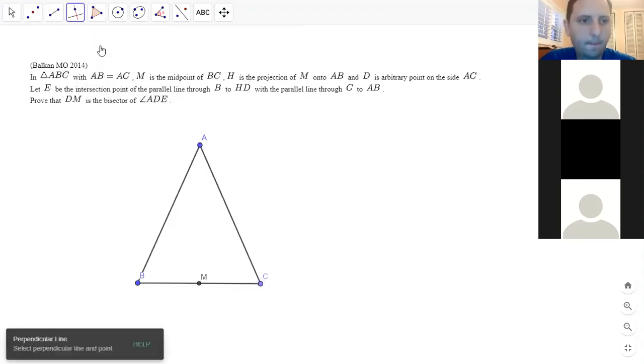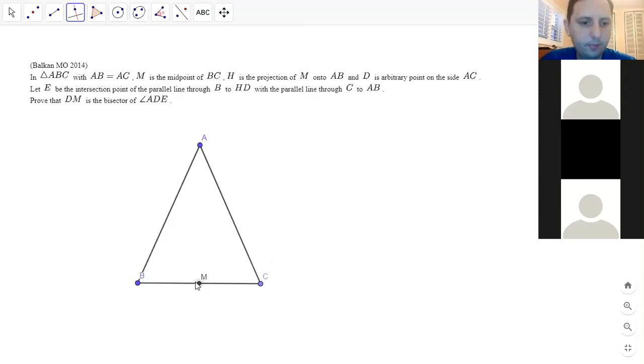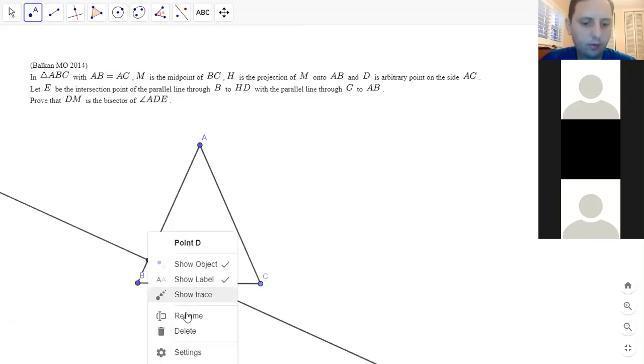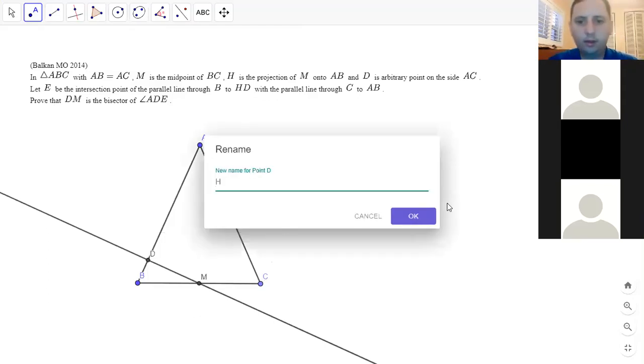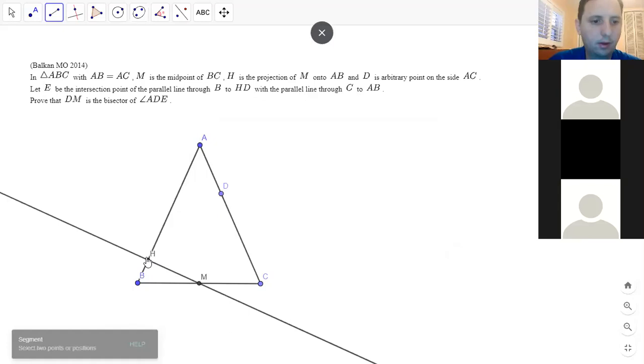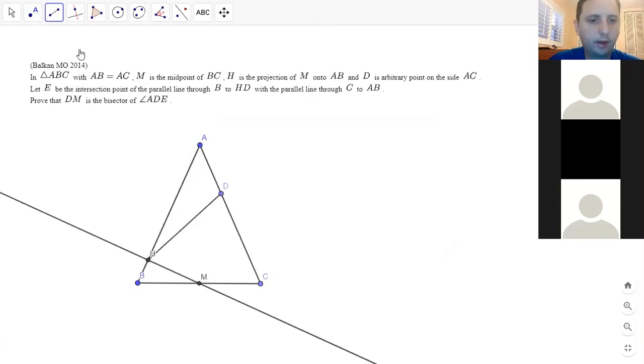Okay. Then this is point H. And D is an arbitrary point. I feel like if it's arbitrary, it makes the problem easier. E is the intersection point of the line through B parallel to HD with the parallel line through C to AB.